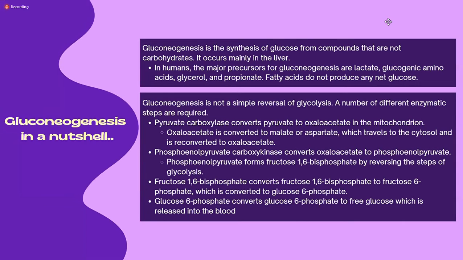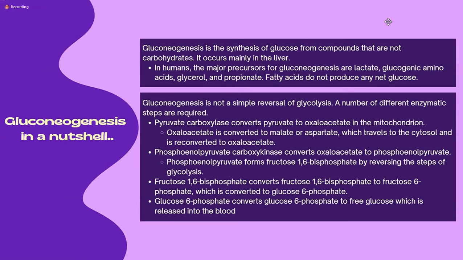The fatty acids that we produce are even numbered, so they cannot produce any net glucose, except if we eat odd numbered fatty acids.